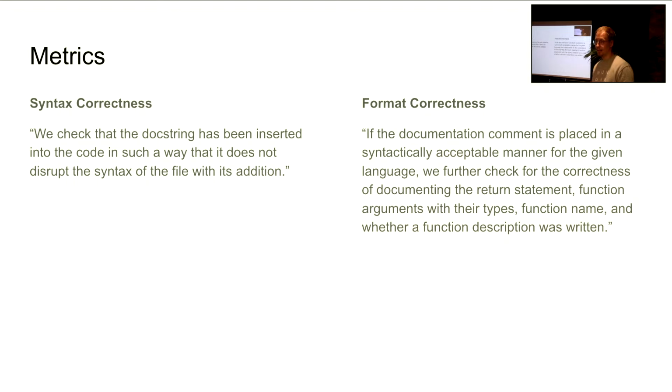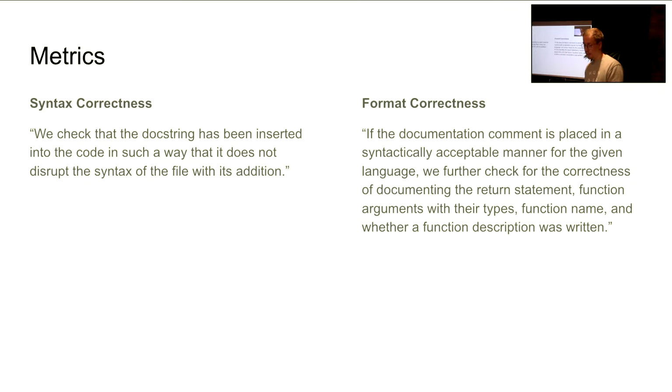These are the metrics that the team looked into. By the way, I'm just showing all of the information that was available. The syntax correctness, I don't think it's an important aspect in today's talk, because that is just checking that the documentation went into the right place in the first place. It seems that with these newer models and newer tools, we don't need to worry about whether the documentation goes into the right place, more about what the quality of the documentation is.